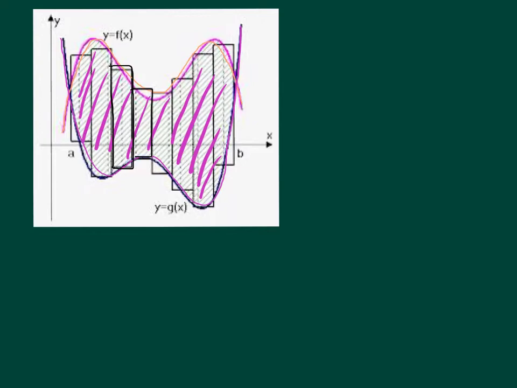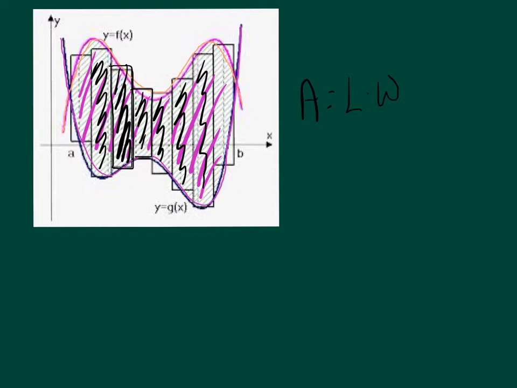First of all, if I look at finding the area of just one rectangle, we would want to do length times width. Remember, we're not going to know how wide these rectangles are, because in our Riemann sum idea we would want to do an infinite number of these rectangles. But I do know that the width of my rectangle is going to be some delta x, so that's going to be our dx.